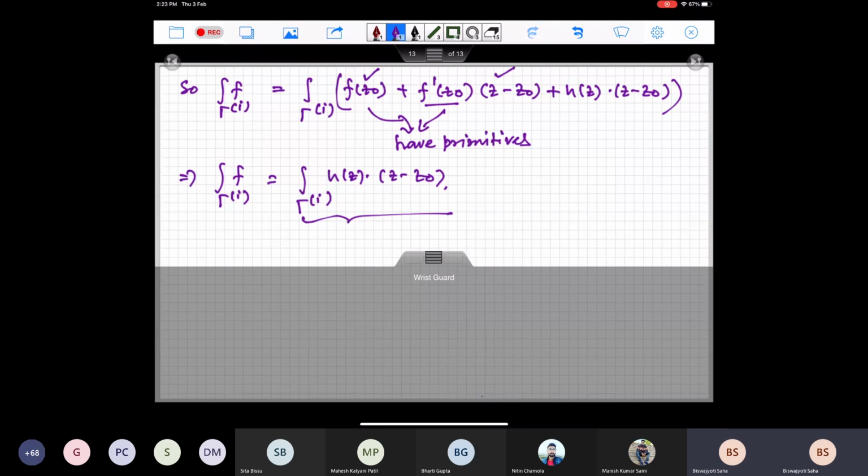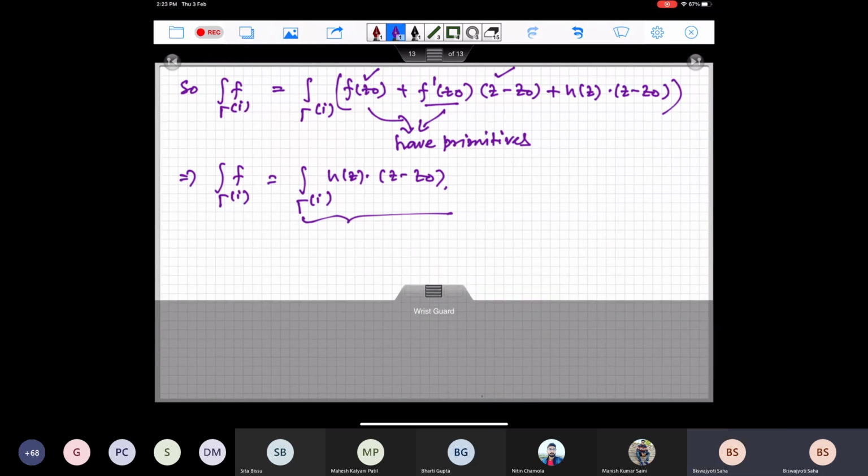We know how the length of gamma and the diameter change. So note that the length of gamma k is equal to 1 by 2 power k times the length of gamma.